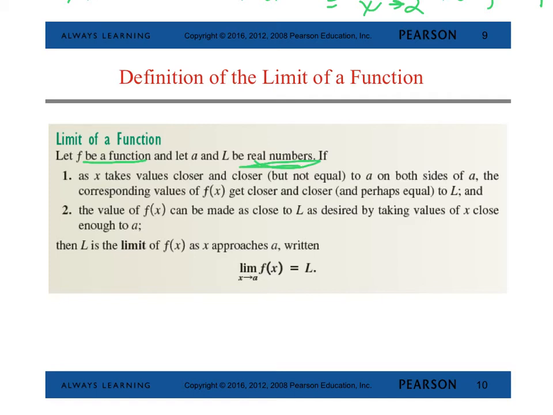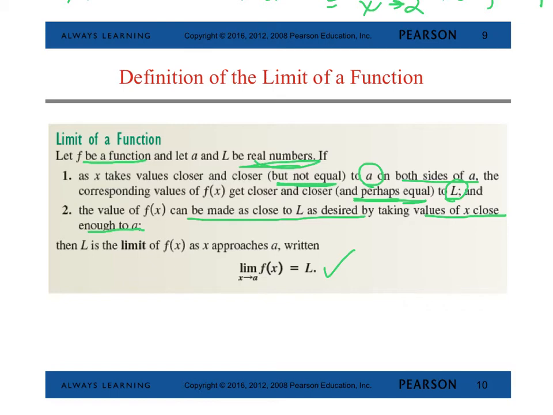As x takes values closer and closer, but not equal to A, on both sides of A, the corresponding values of f of x get closer and closer, and perhaps equal to, it may or may not be, the same number, L, which is the limit, and the value of the function can be made as close to L as desired by taking values of x close enough to A. Then L is called the limit of the function.